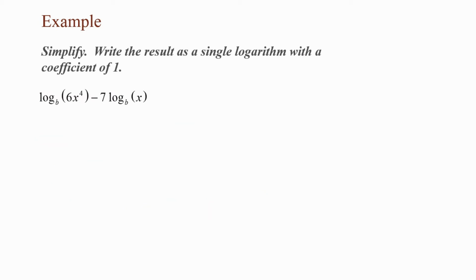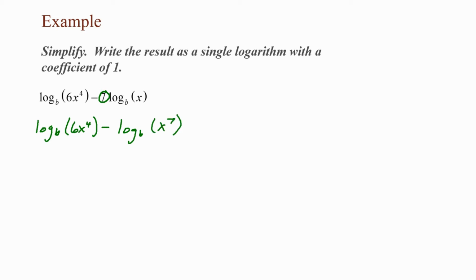In this example, I want to simplify log base b of 6x to the 4th minus 7 log base b of x. First thing I need to deal with is this 7. So I have log base b of 6x to the 4th minus log base b of x to the 7th power.